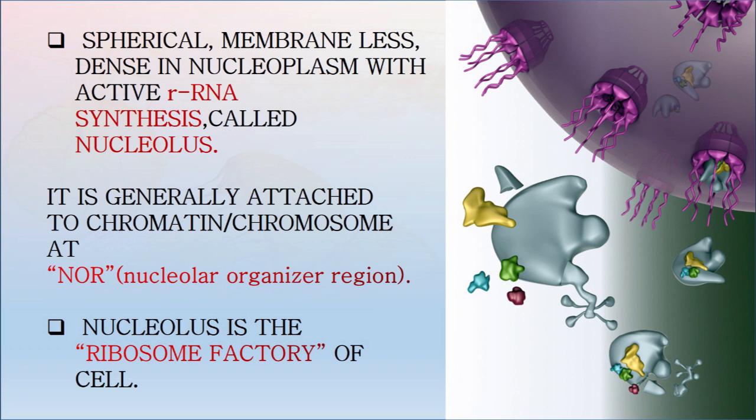These constantly active parts are dense and generally remain attached at the NOR, that is the nuclear organizer region of chromatin, or the centromere of the chromosome. This figure shows the importing of ribosomal proteins and rRNAs from the nucleus to the cytoplasm through nucleopores to develop ribosomes.